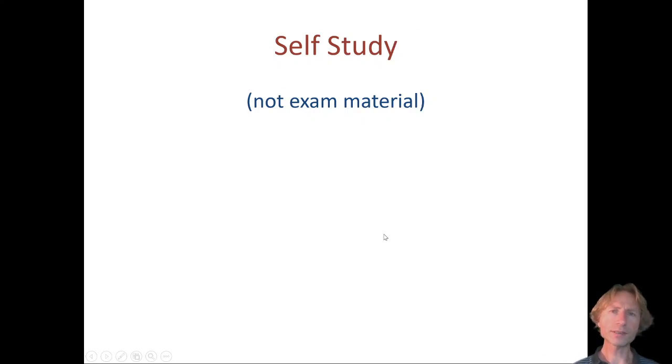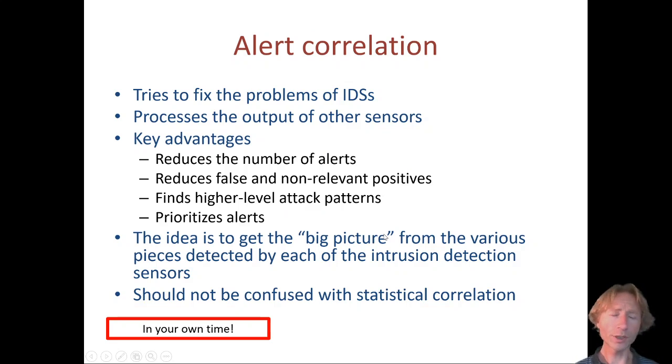In the remainder of this set of slides, I've included something that is intended for self-study. It's about alert correlation, which tries to make use of the fact that maybe there are multiple intrusion detection systems that all generate some alerts, maybe somewhat different alerts. But having those different alerts allows you to piece together more about what attack is going on. It helps you to reduce the number of alerts and certainly the number of relevant positives. Okay.